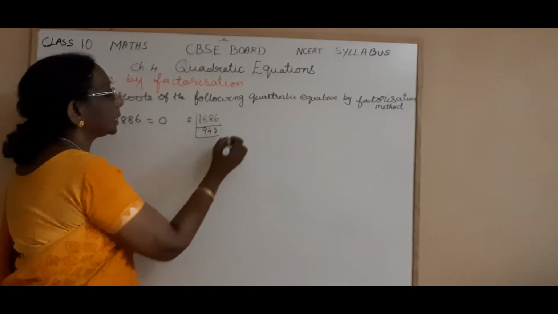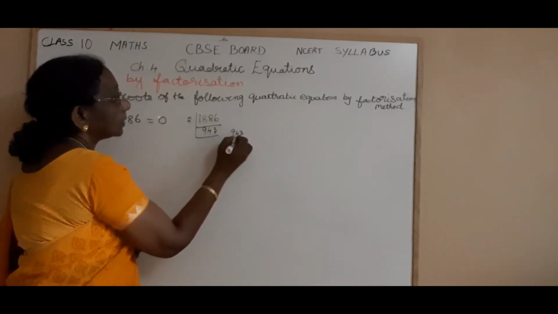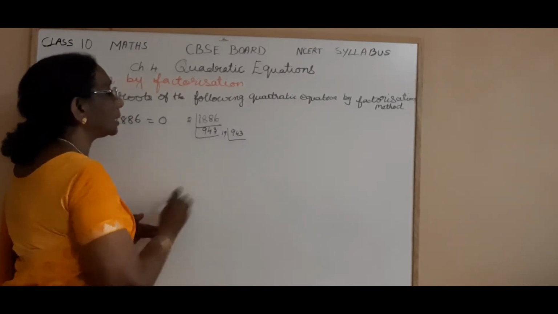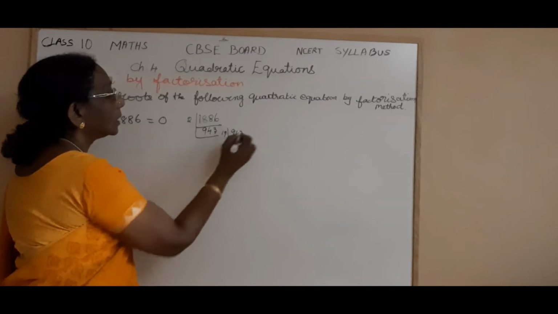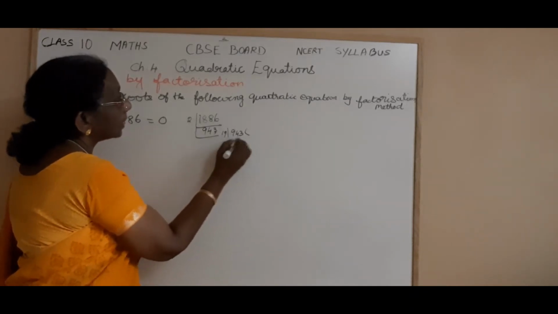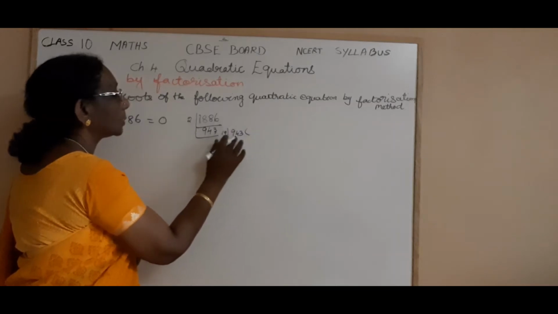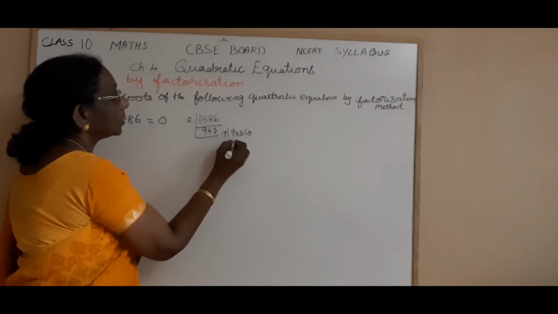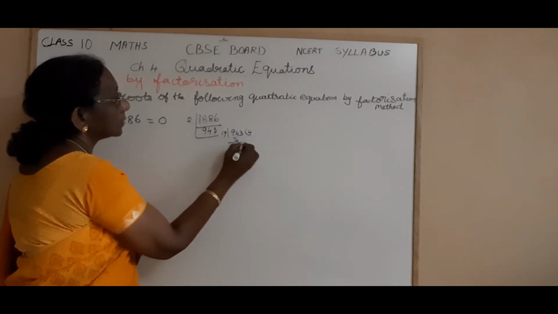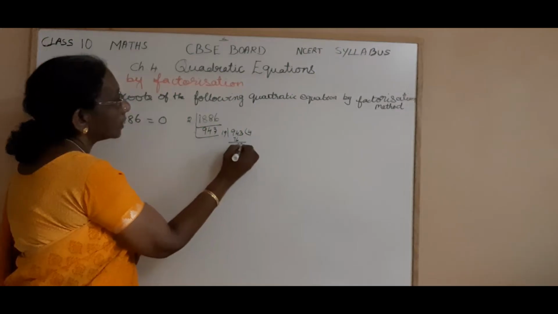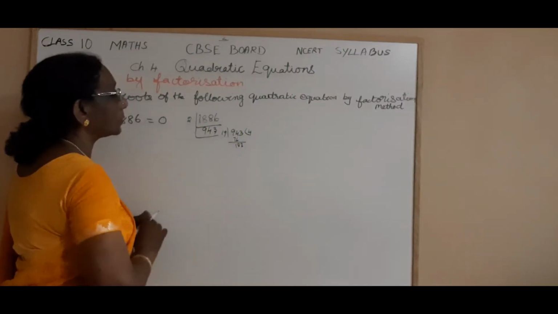Let us check by the next prime number 19. 19, how many times it goes? 19 5s are 95. No, it won't go 5 times. Let us check 4. 76. It is 8. 3. No, it's not going by 19 also.